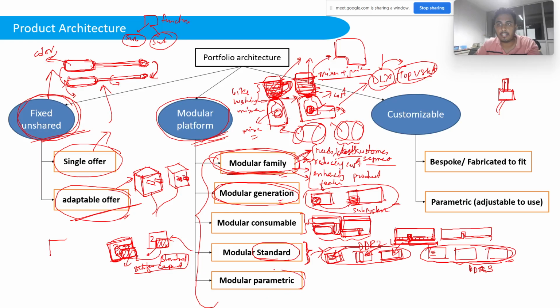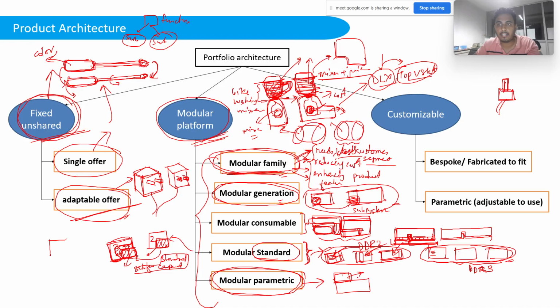The last one is modular parametric. If I give the same example, you may get a little confused, but the point is that when you are providing some sort of modularity, you are also making sure that particular modular unit has some sort of user-controlled parameter setting.